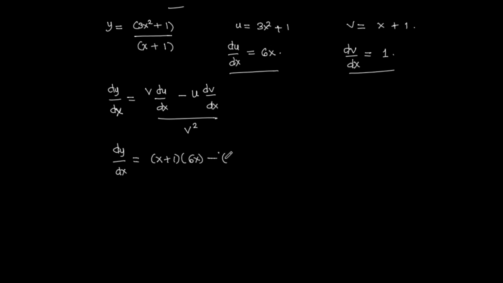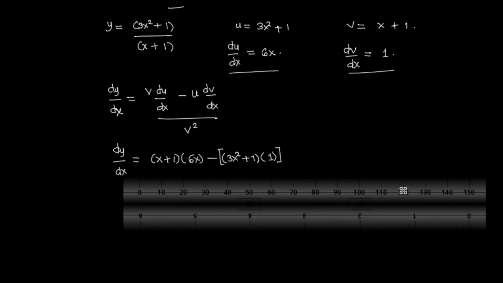So we can write it down here, and we can open another bracket: 3x squared plus 1, and then we multiply it by dv by dx, and dv by dx is simply 1.